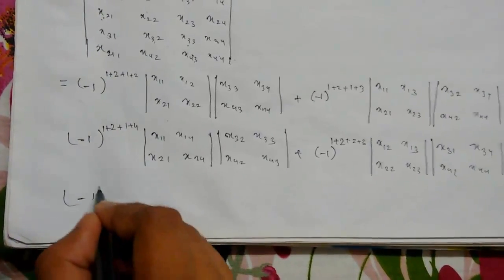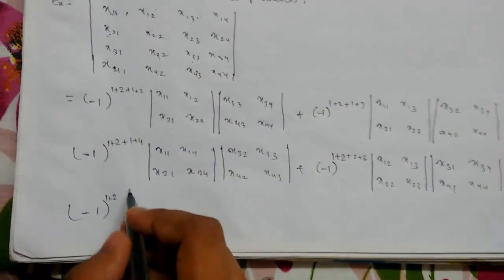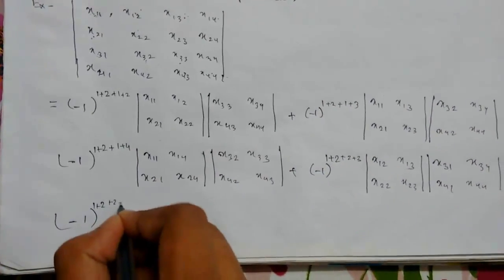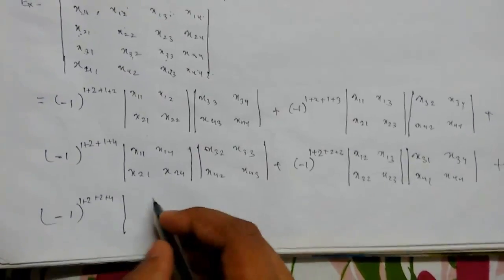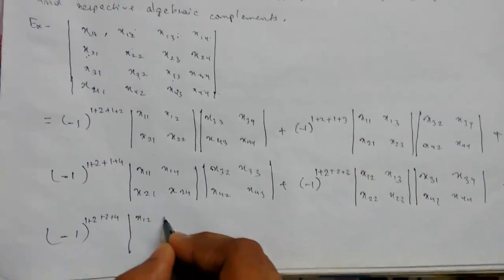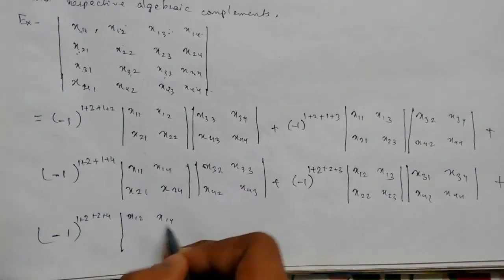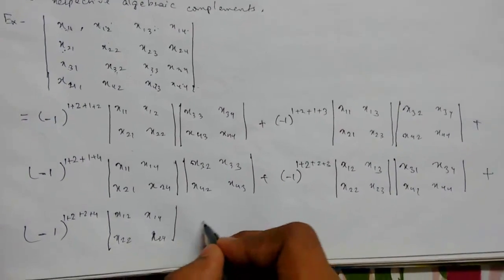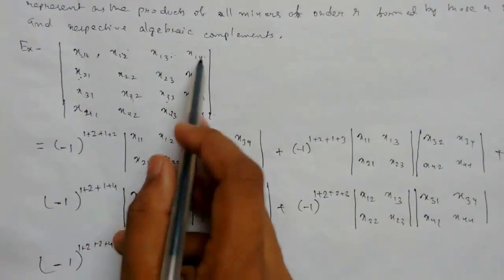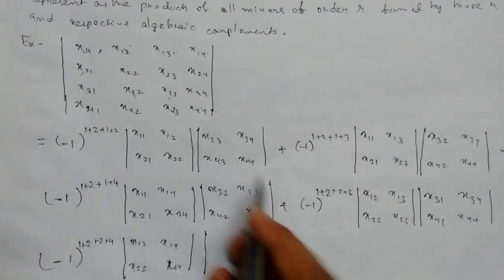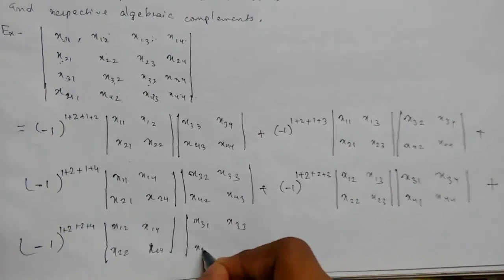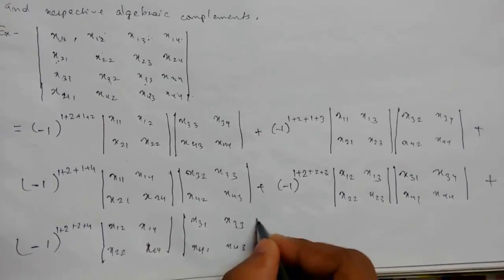Now again, for the last two elements, this will be 1 plus 2 plus, now we will take columns 2 and 4, so this will be plus 2 and 4. So this will be x12, x14, x22, x24. Now if we eliminate these 2, we get these 4 elements: x31, x33, x41, x43.